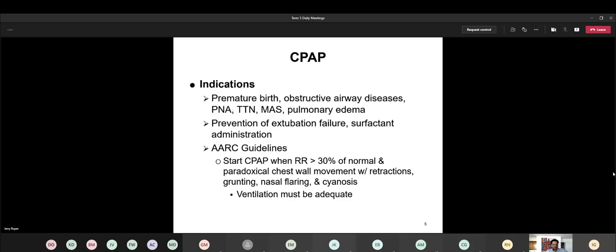And even meconium aspiration syndrome doesn't automatically mean intubate and place them on the ventilator. You could do CPAP and see how it goes from there. And then the baby who needs to have surfactant, as we saw in the video, it's just so easy to quickly intubate them, deliver the surfactant, and then just place them right back on CPAP.